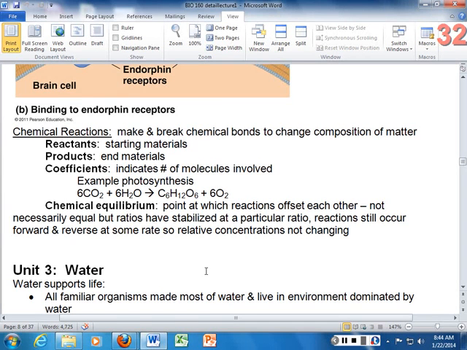Now I know how the dog feels. So you've got 6 carbon dioxides, 6 waters. They react to give you 1 sugar, which is C6H12O6, and 6 oxygens. It's just so you can tell the relative amounts of things. That's what those coefficients are for.